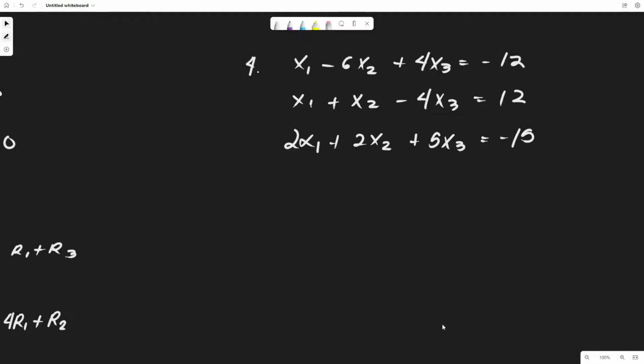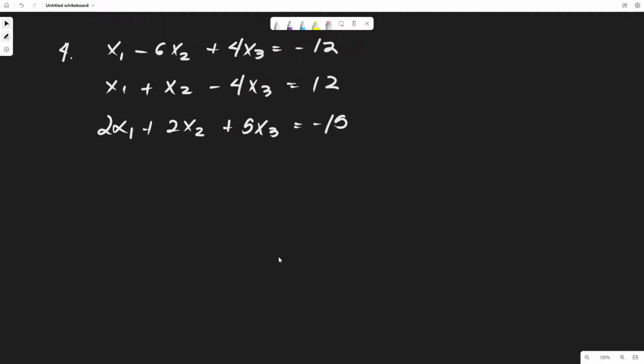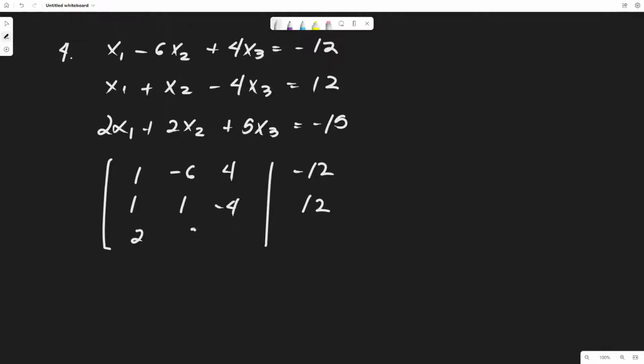Okay, so solve natin to. So we have here, lagay ko lang sa augmented matrix natin, 1, negative 6, 4, negative 12, 1, 1, negative 4, so this is 12, 2, 2, 5, so this is negative 15.